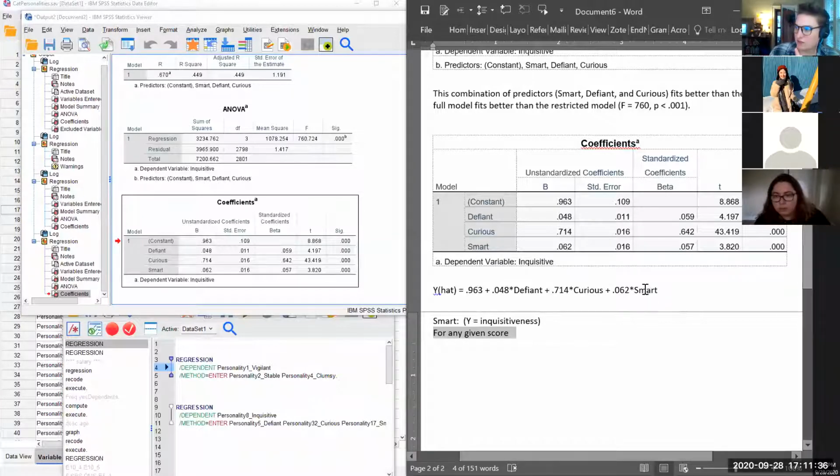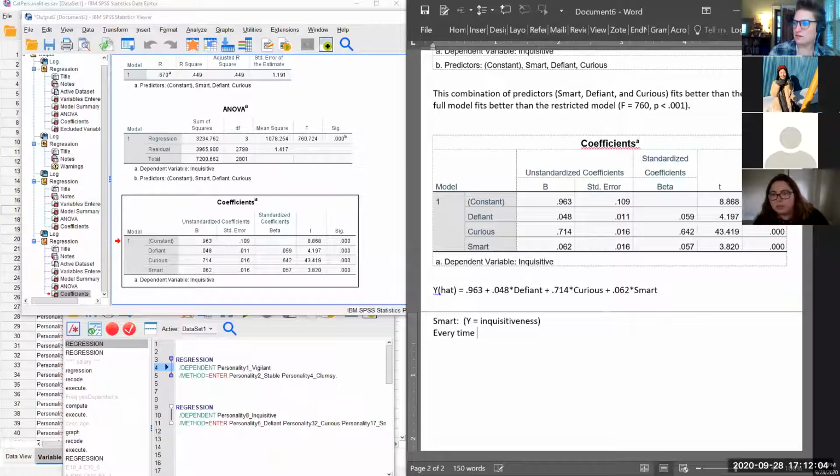And so if I plug in a 4 and then next I plug in a 5, those are 1 unit different. And so every time I go up by 1 on SMART, what happens to my expected Y? I mean, it's a positive relationship, so it increases.